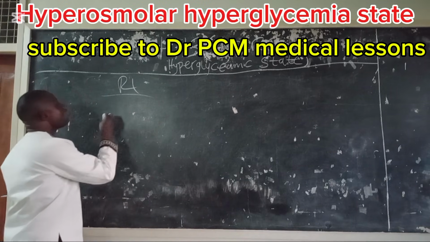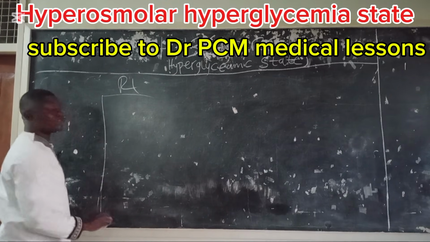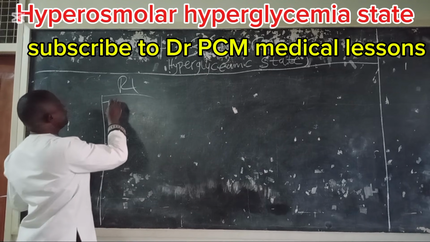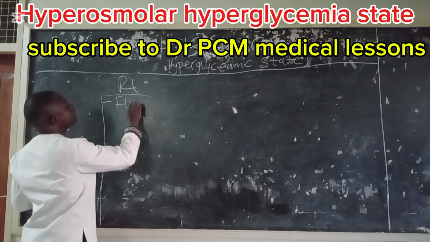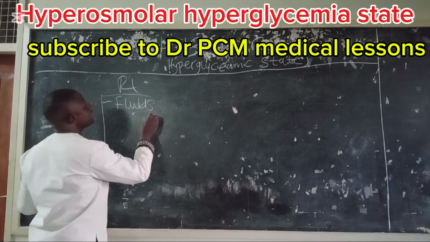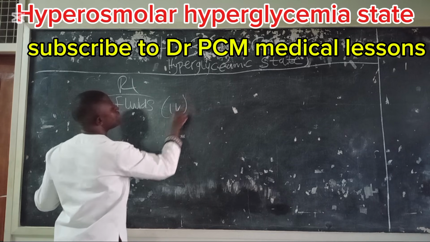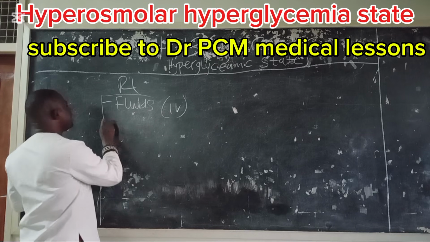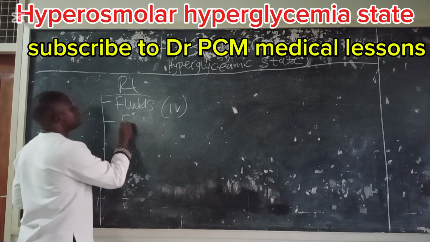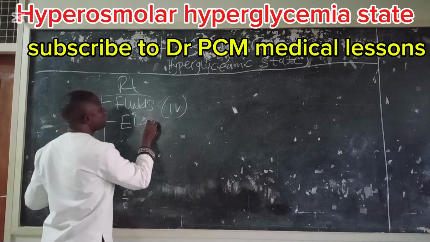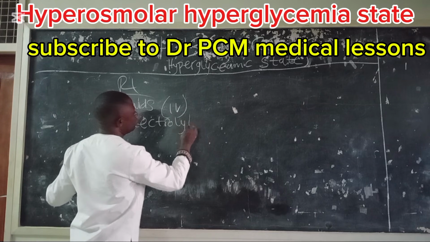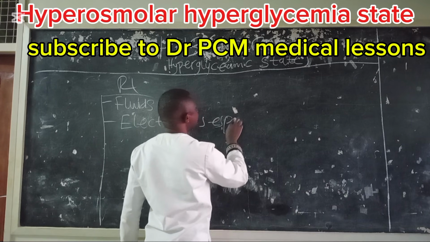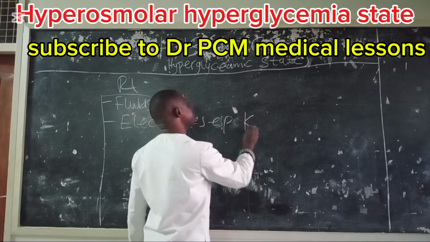So, treatment. You just know that this person has lost fluids by too much urination. So you replace fluids. We just say IV fluids to replace the lost fluid and correct dehydration. Then another thing, this person has lost electrolytes, especially potassium.